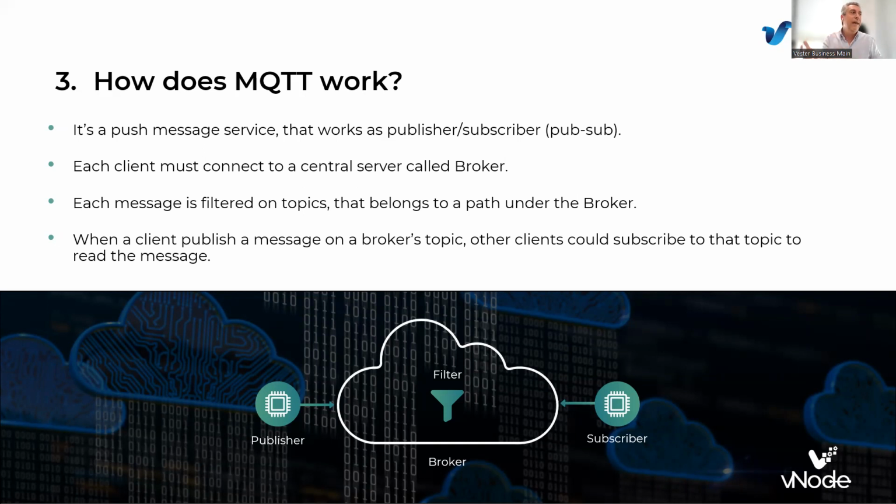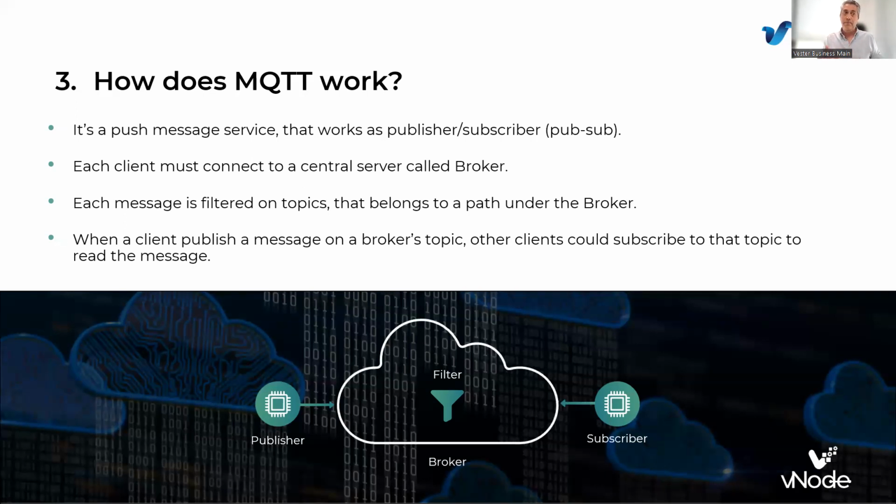In this broker you can create many different activities, for example validate users or not, or filter the messages. When as a publisher you publish your messages to the broker, they need a topic. A topic is like the title of what you are going to send to this broker.